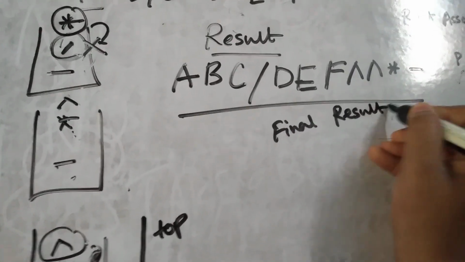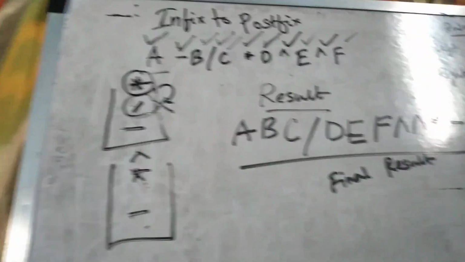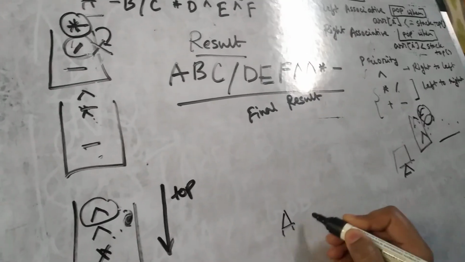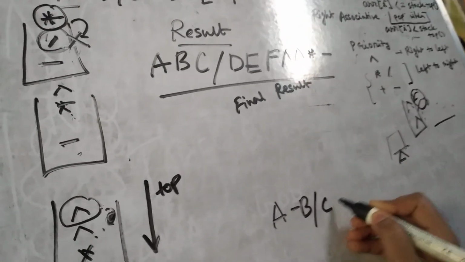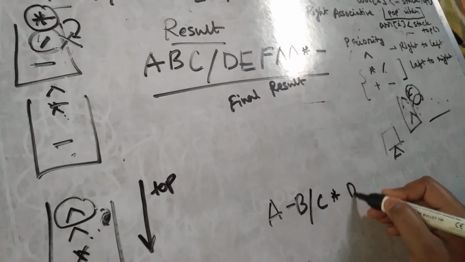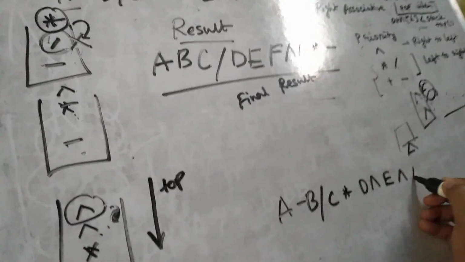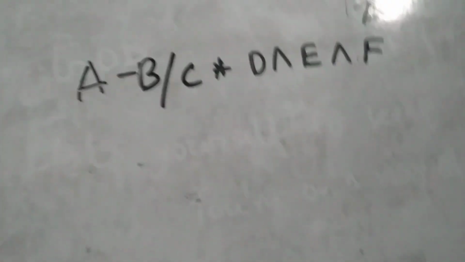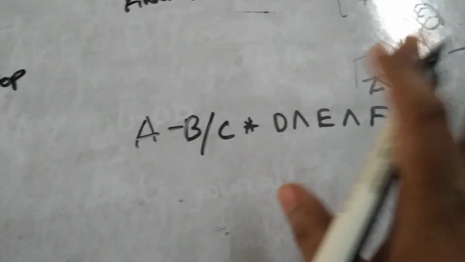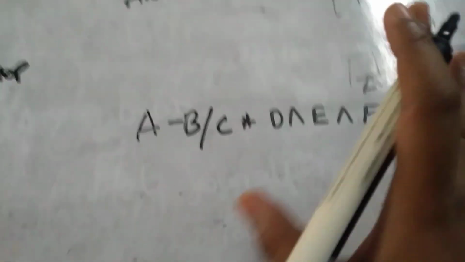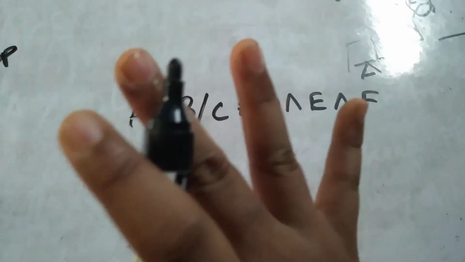How does it come? Now the human checking is started. Just give me a minute to write it again here: A minus B division C D E F. Now, human checking. How do we calculate in the GATE examination? We don't go to the stack and all that.